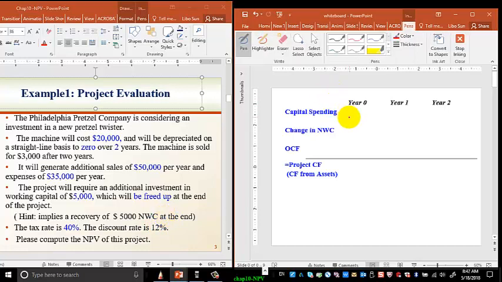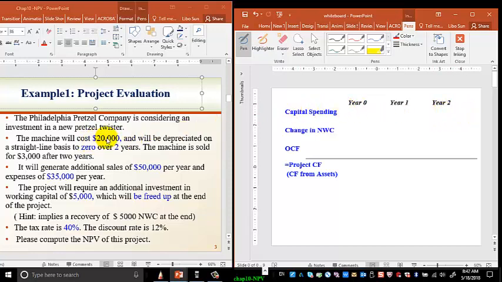Let's take a look at this template. I put down already year 0, year 1, year 2, and this project lasts 2 years. And three categories: capital spending, change in net working capital, operating cash flow. So let's first fill in what information we know directly from the question, then put down the name of the calculation we have to do separately.